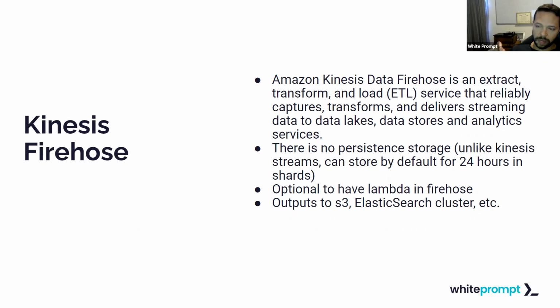You set up what Kinesis stream or what sources it's going to get the data from. And if you want to do Elasticsearch, for example, you can set up the Elasticsearch instance and the index, and it does everything for you. So basically it makes it easier for you to get set up, but at the expense of granularity. If you want to do more complex things, you probably want to stay away from Firehose.